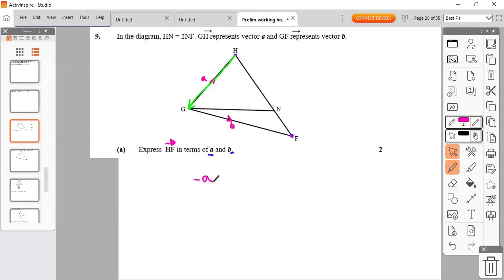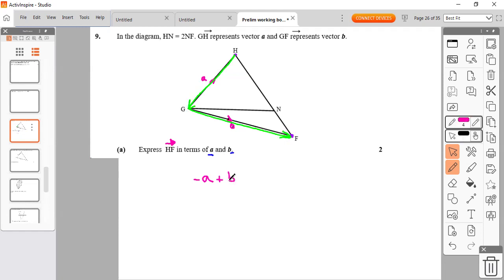So we're going from H to G, and then we're going from G to F. So we can take that green path, and that second part of that journey, well, B is going from G to F anyway, so it's positive B.